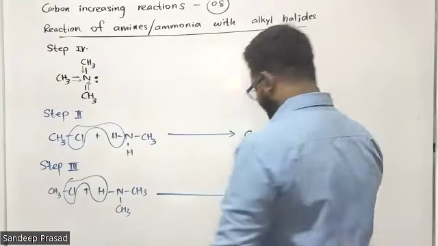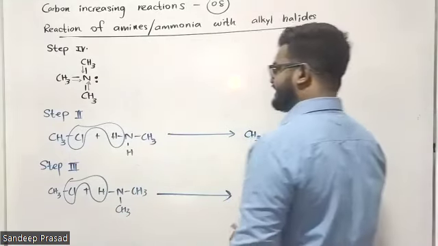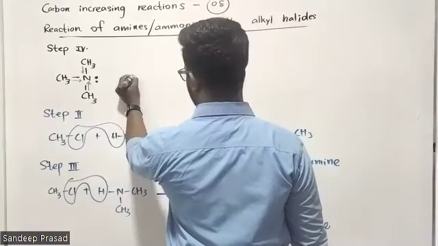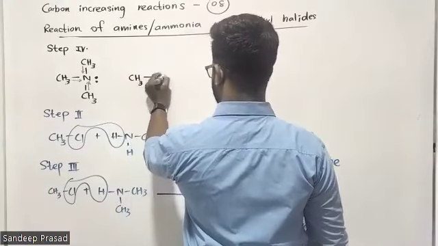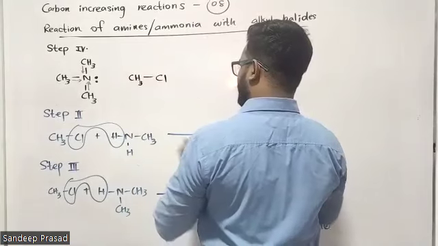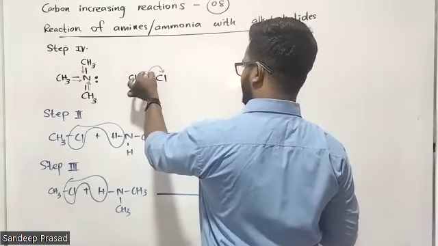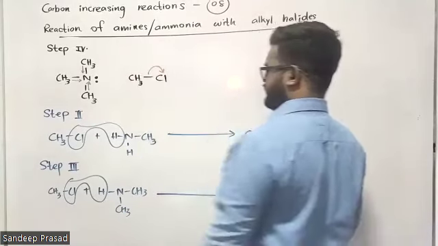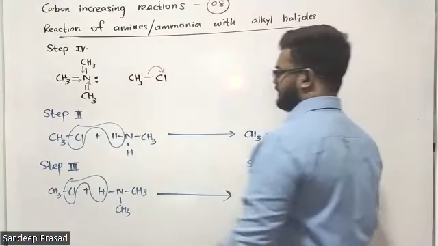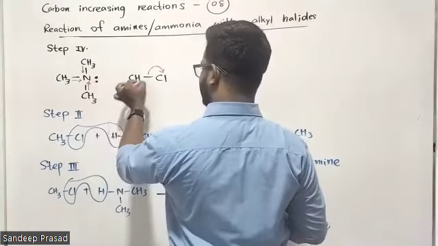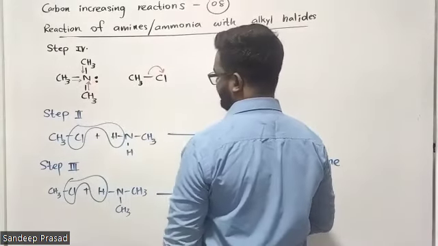Then what will happen? Since CH3Cl is there again in the medium, this is breaking CH3Cl. Chlorine is taking up electrons, so the bond is breaking in this way. Now this is CH3 plus, a carbocation.